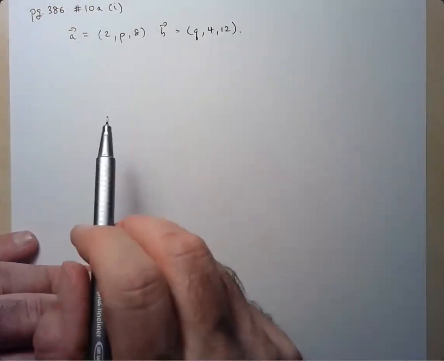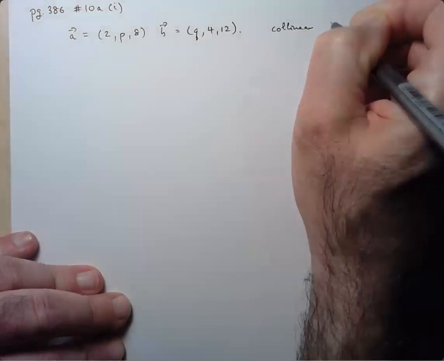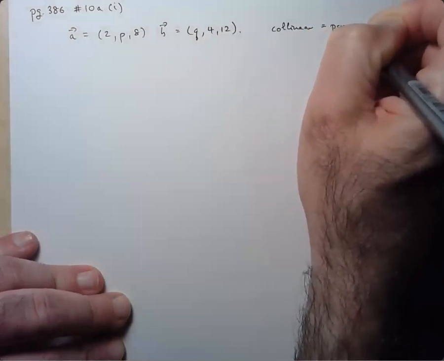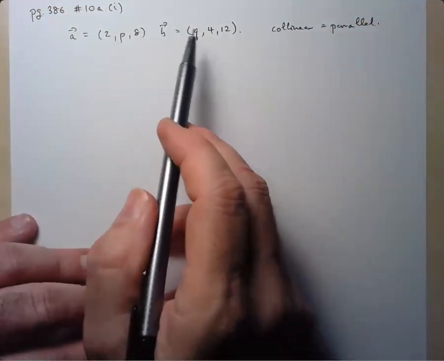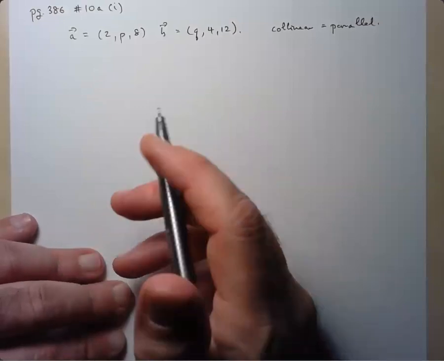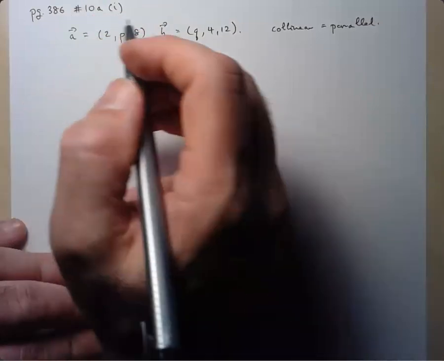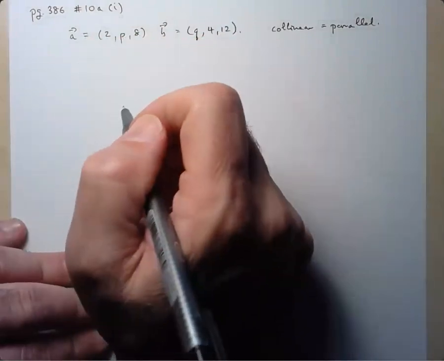Here, they need to be collinear. So remember, if you check the notes, collinear is the same as parallel. Okay, and what does it take for two vectors to be parallel to each other? It means they have to be scalar multiples of each other. So I'll write it the other way around, looking at the numbers here.